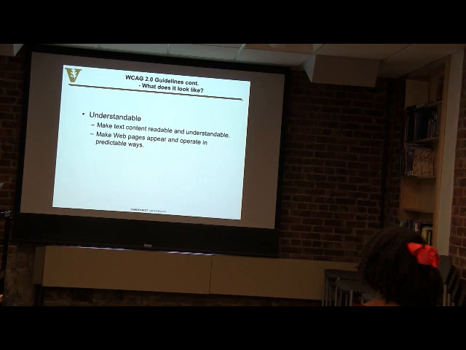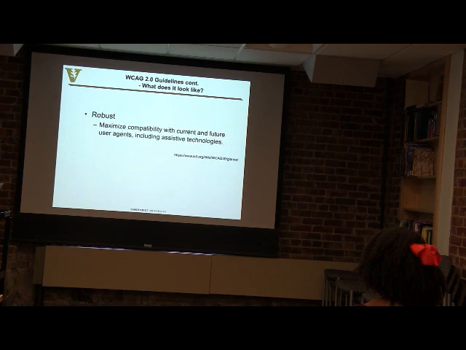And then the last one, make web pages appear and operate in predictable ways. You might not be designing web pages, but it's the same thing. Make sure that people can understand it, operate it, perceive it. The last thing is just think ahead when you're designing.